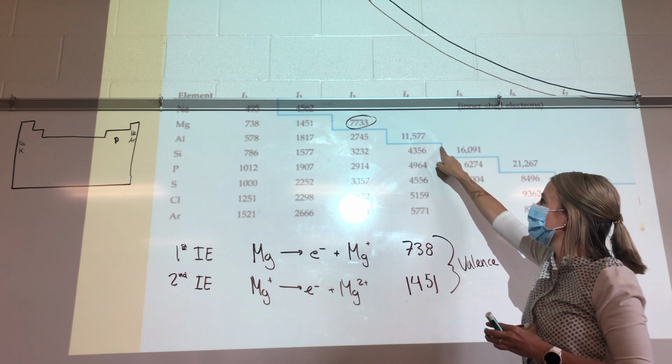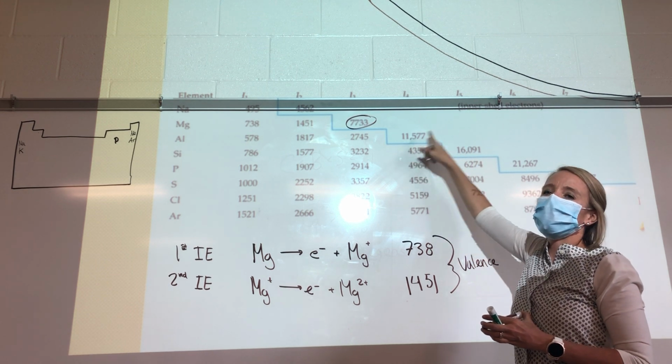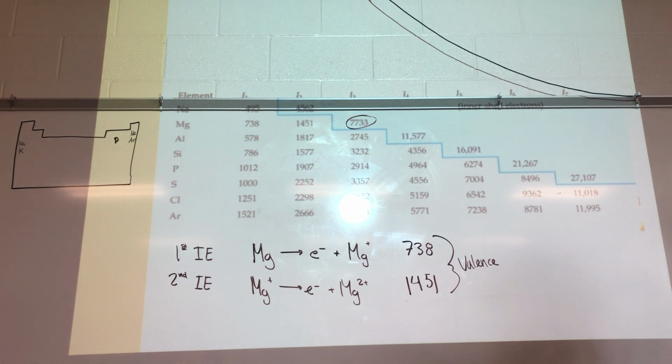Once the outer shell is empty, we're trying to empty an inner shell, which is closer to the nucleus. The nucleus, remember, doesn't change in strength, but you're losing electrons, which means it has less to pull on, so it gets really, really hard. Did that answer your question, Zach? Yeah. Great question. Have a smiley face for that.